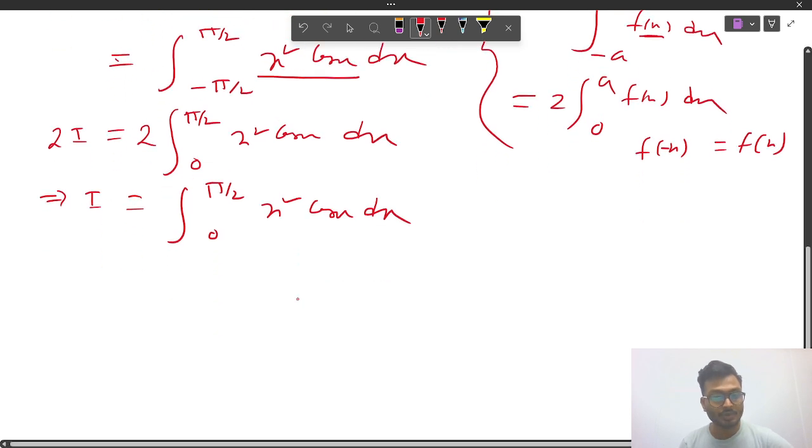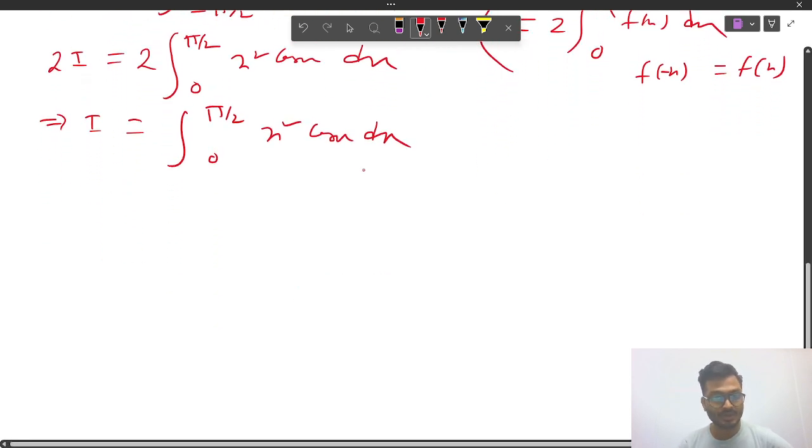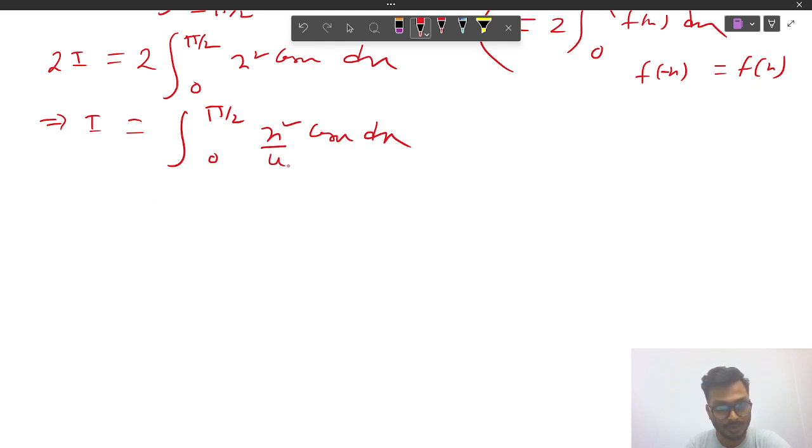Now we just have to find this integration. Let's do this by parts. Suppose this is the first function and this is the second function.